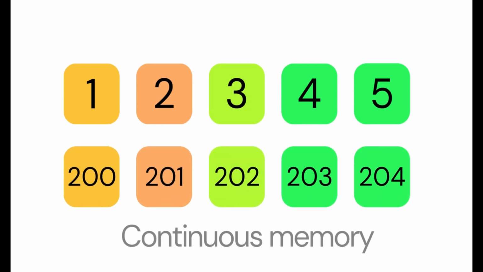For example, if we have an array of 10 elements from 1 to 10, and 1 is stored at address 200, like an address pointer, then 2 is stored at 201, and 3 at 202. Like this, it is stored continuously in the memory location, whereas lists are not stored in any continuous memory location.